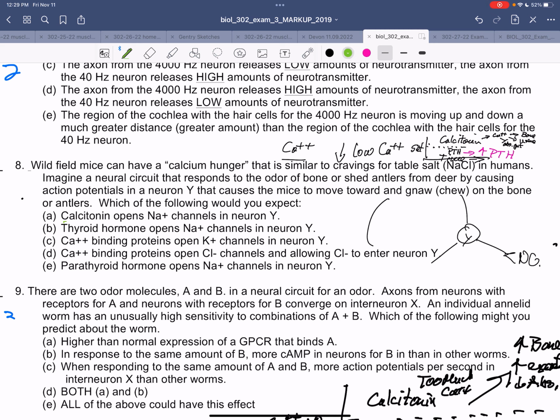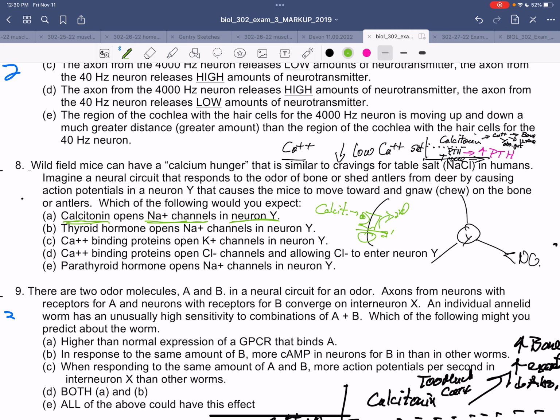Okay, so let's look at these possibilities. I'll do number one in green. Calcitonin opens sodium channels in neuron Y. So calcitonin then binds to get a second messenger, or maybe it's an ionotropic receptor.